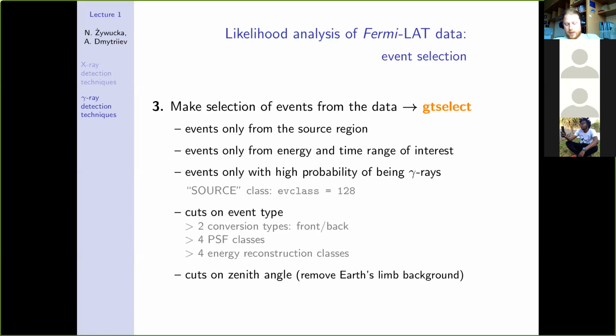But this is just general information; for most simple applications you don't really need to care, it is for more sophisticated analysis. For event type, usually you select a standard value, and again for the limb background, typically a zenith angle less than, I don't know, 100 degrees.